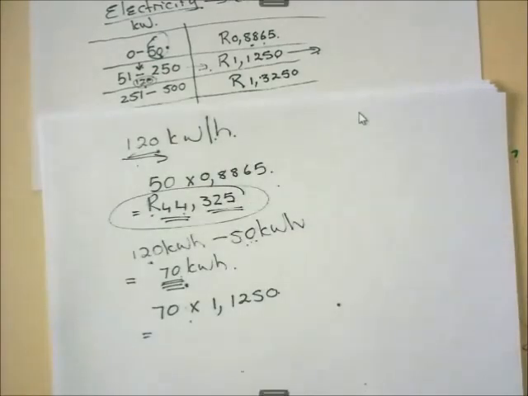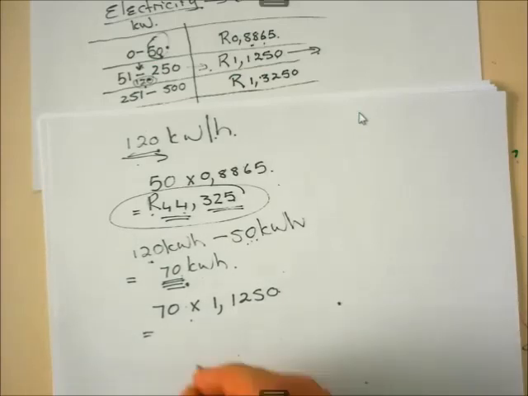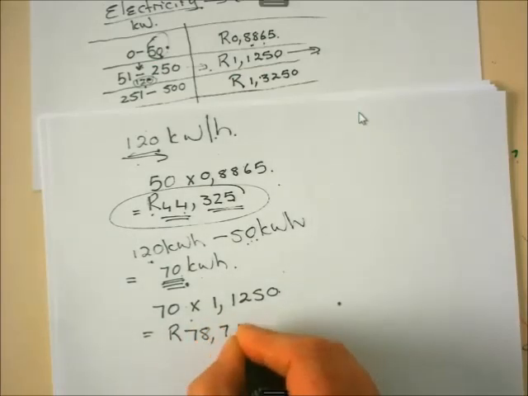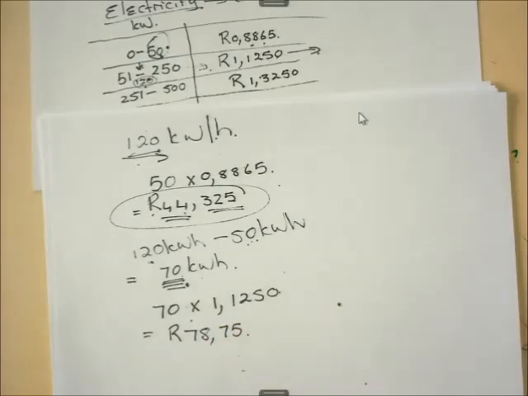If I work that out on my calculator, 70 times 1 Rand 125, the answer will be 78 Rand 75 cents.